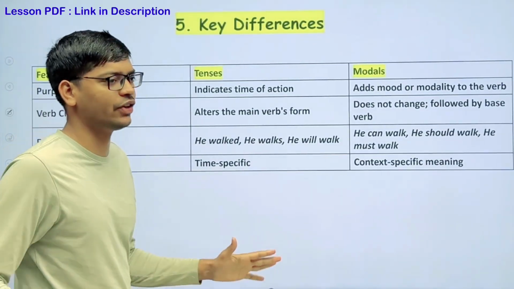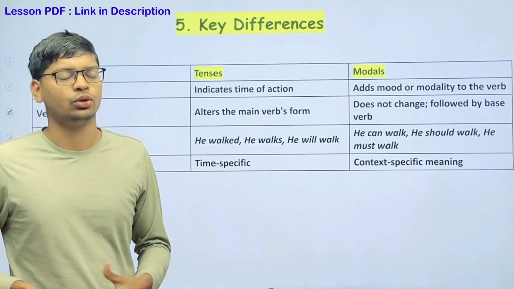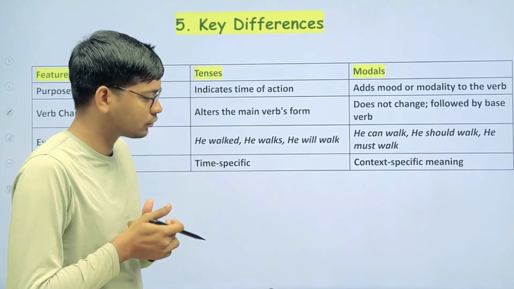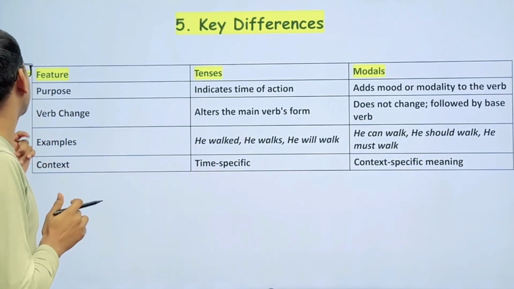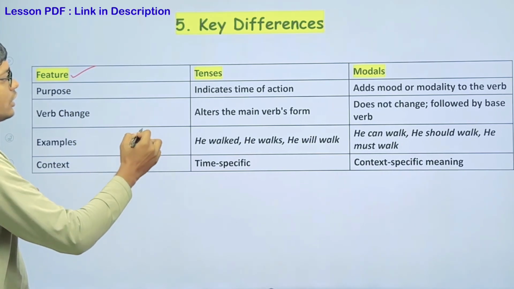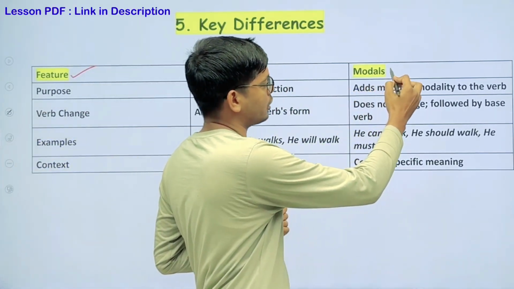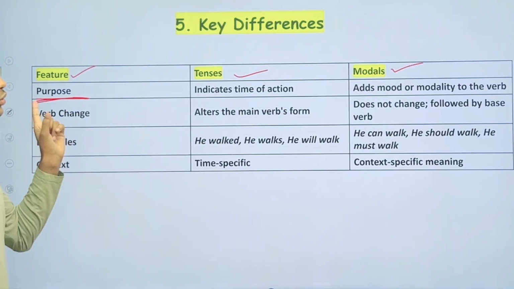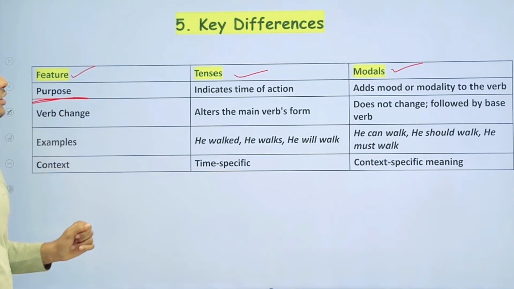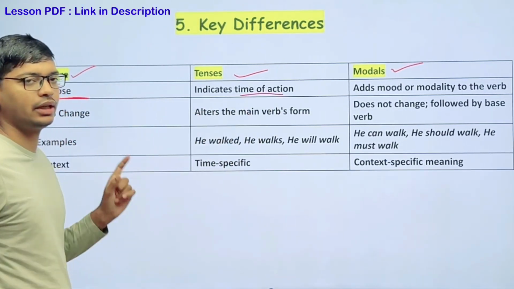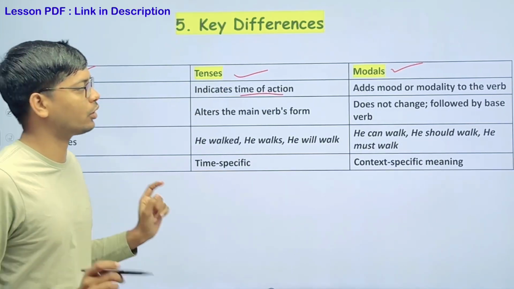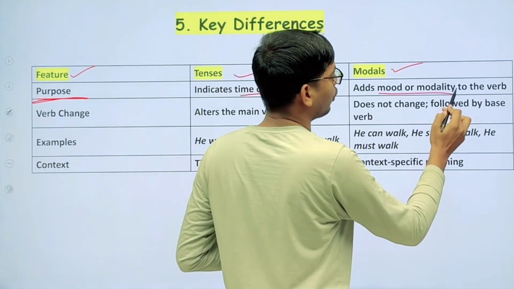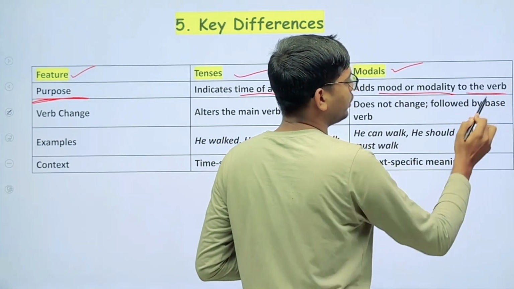Next, the key differences, which you can easily understand through this. Here we have features of tenses and modals. Purpose: tenses indicate the time of action, but modals add mood or modality to the verb.